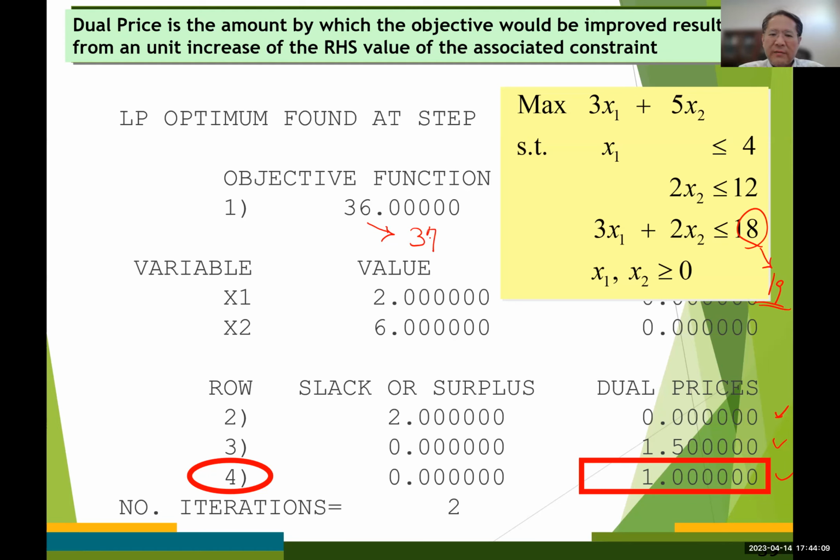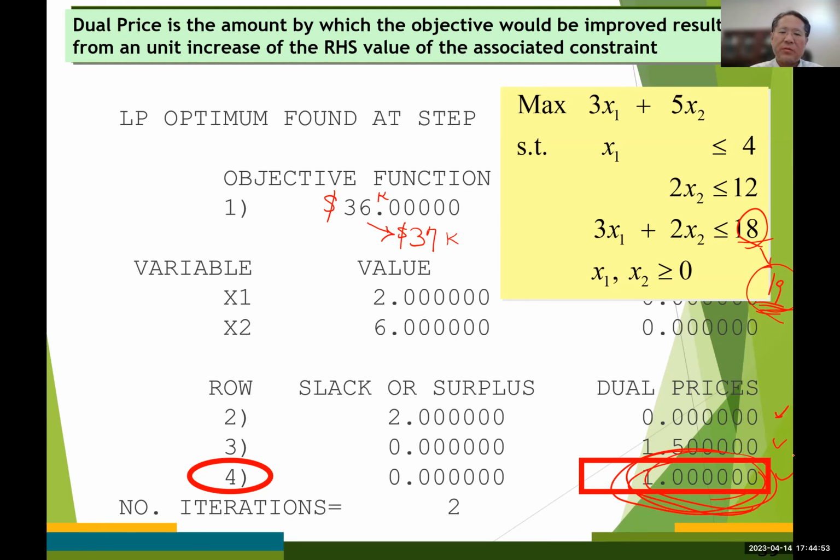In other words, if plan number 3 is available for 19 hours per week instead of 18 hours per week, then the total weekly profit would be increased to $37, or maybe we can say 37K from 36K. Because the objective function value will be improved, increased in the maximization problem by this much. Does that make sense?